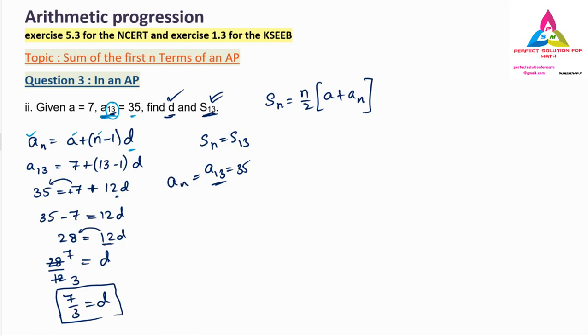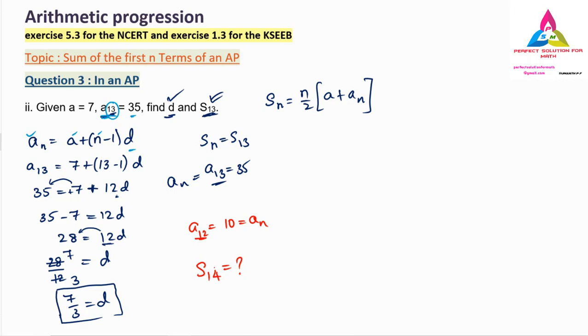If the question is a little different, for example, if they have given a12 equals 10, and they have told you to find S14, at that time we can't consider this a12 as an. Why can't we consider this a12 as an?